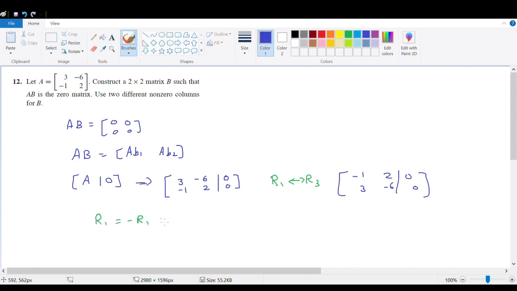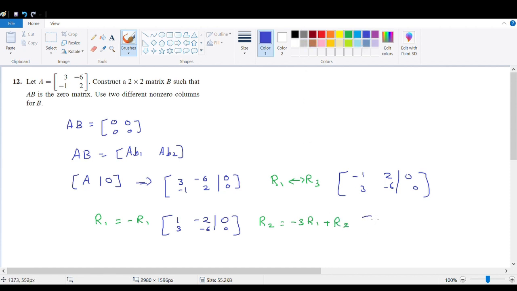Our new matrix will be 1, -2, 0, then 3, -6, 0. Now we want this 3 to be 0, so row 2 is equal to -3 row 1 plus row 2.